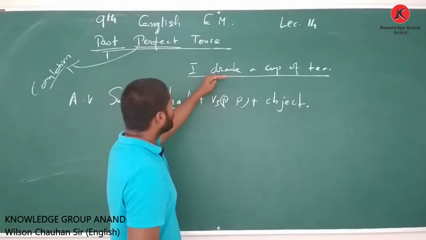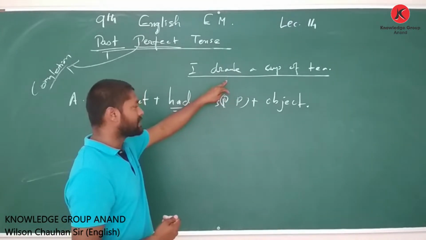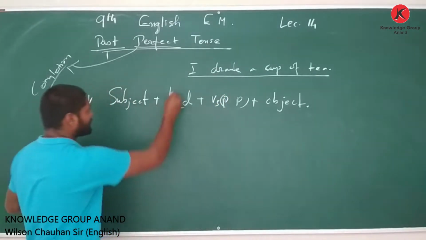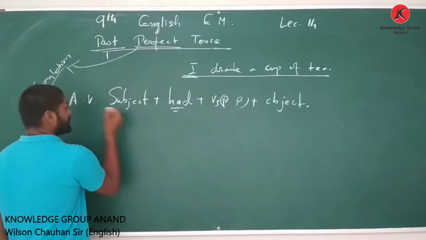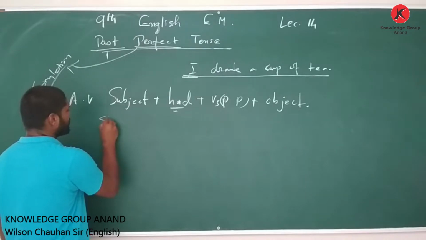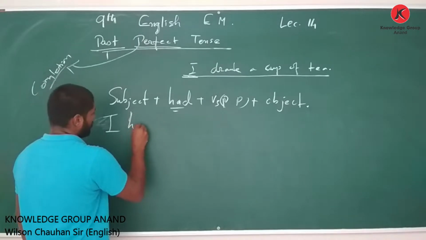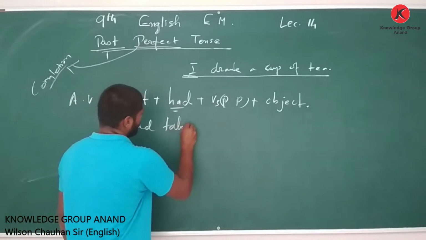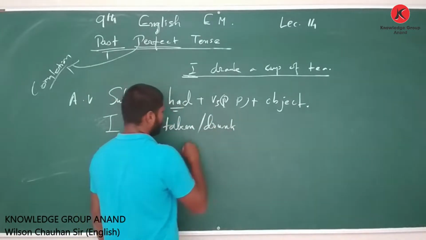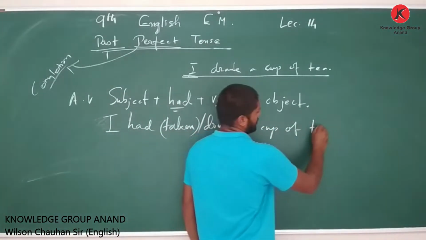Take this sentence. As we already know, this sentence belongs to simple past tense. But if you want to convert this sentence into past perfect tense, then we have to write: I had taken, or drunk, because it is drunk here, a cup of tea.